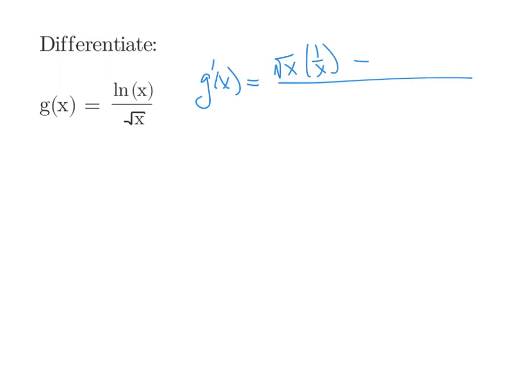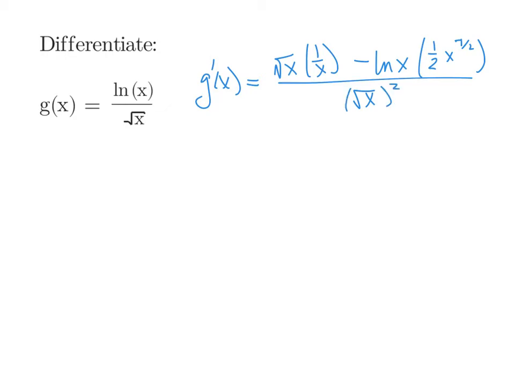Low d high minus high d low. So the numerator times the derivative of square root of x, which is 1/2 x to the negative 1/2 power. Over the square of what's below. So we'll have that square root of x squared.